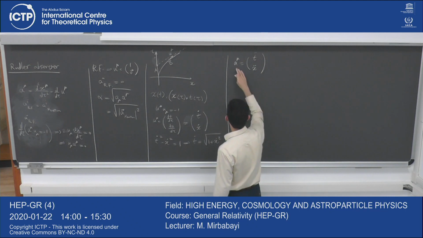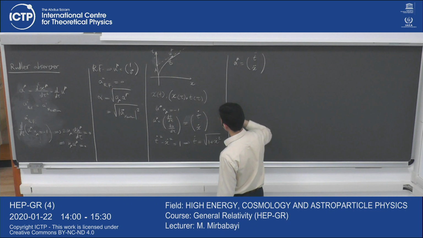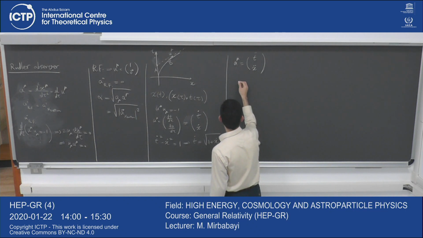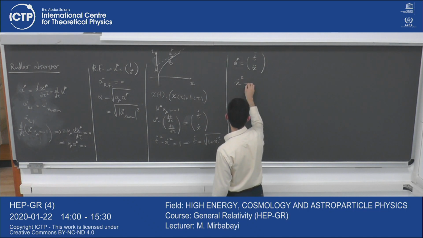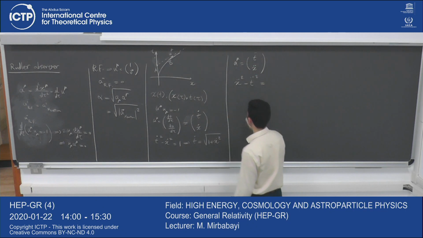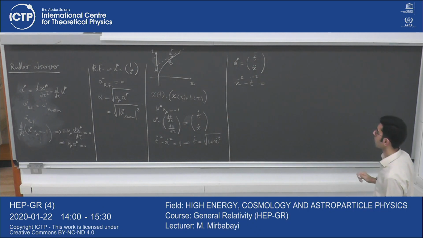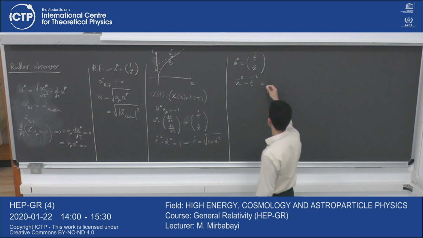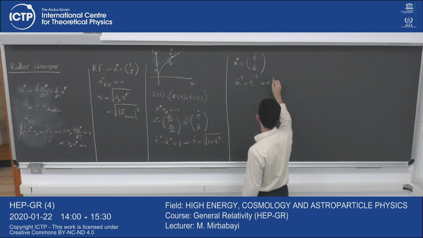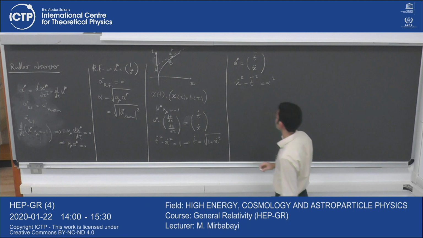And the statement is that the norm of this 4-vector is fixed and is equal to alpha, which means that x double dot squared minus t double dot squared is equal to alpha squared.